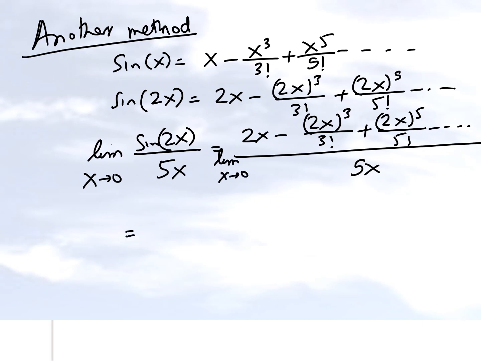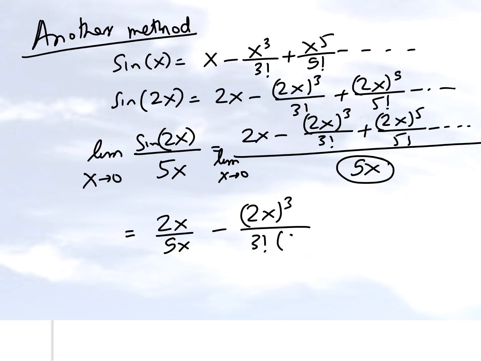Now I'm going to divide by 5x throughout, meaning that I'm going to take this 5x and divide it into each term of the numerator. I'll get 2x divided by 5x, minus 2x cubed divided by 3 factorial times 5x, plus 2x raised to the power 5 divided by 5x times 5 factorial, minus so on and so forth, with the limit as x approaches 0.